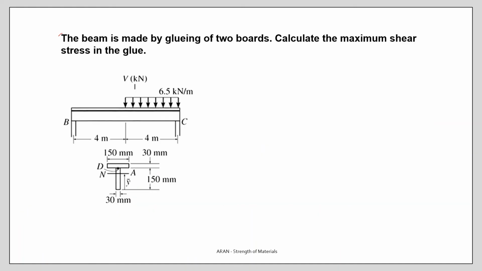Another problem. A beam is made by gluing two boards. You see this board. And let's take the blue color and the blue board. They have the same dimensions, 30 times 150, 30 times 150. So one board, the same board, and they are glued over here and made a T section.